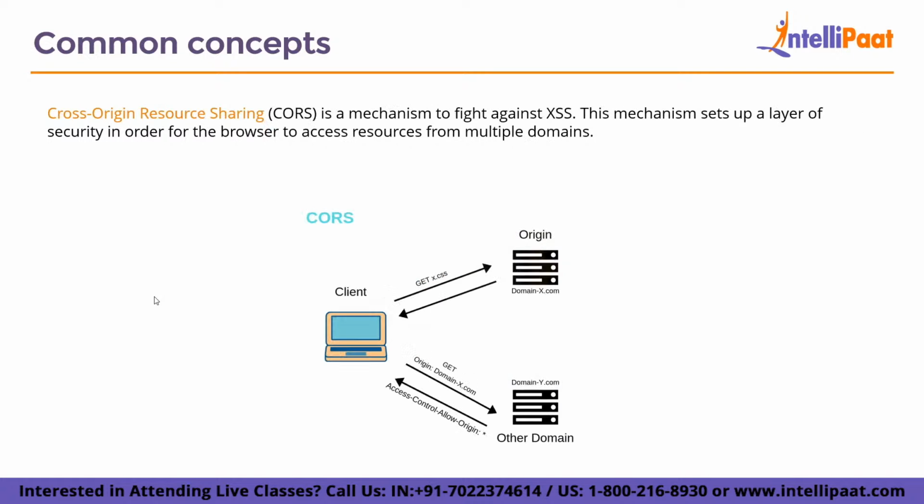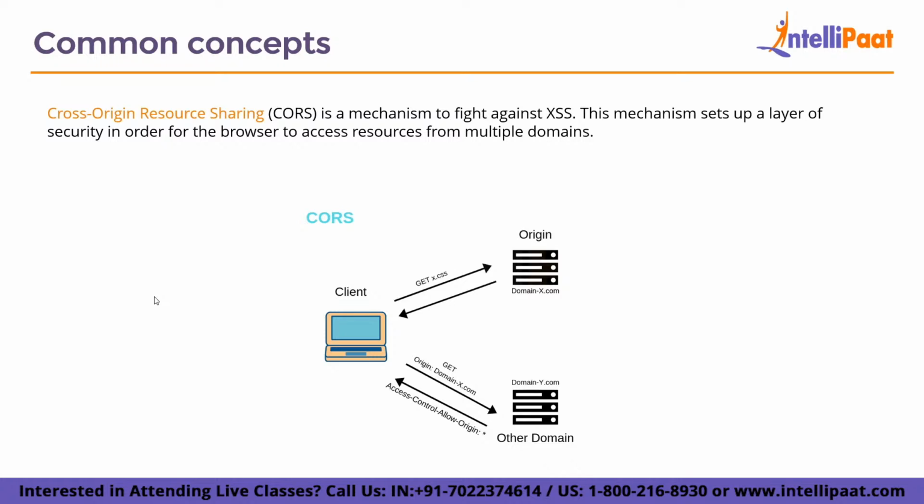The next concept you have to learn is called CORS, or cross origin resource sharing. CORS is a mechanism to fight against cross-site scripting. This mechanism sets up a layer of security for the browser to access resources from multiple domains.